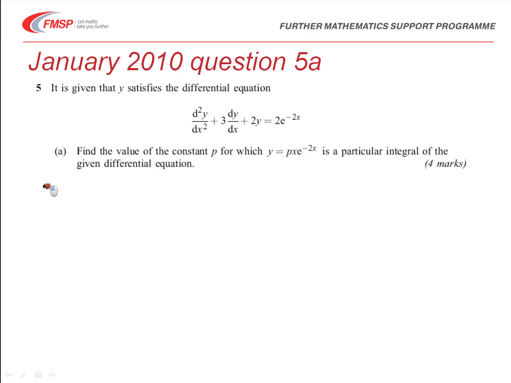So we now need to find dy by dx. And we can see px e to the minus 2x is a product. So we differentiate the px, which gives us p, and multiply it by e to the minus 2x.